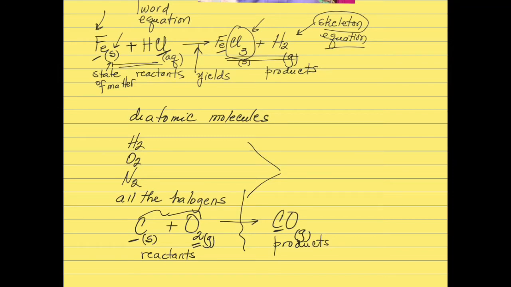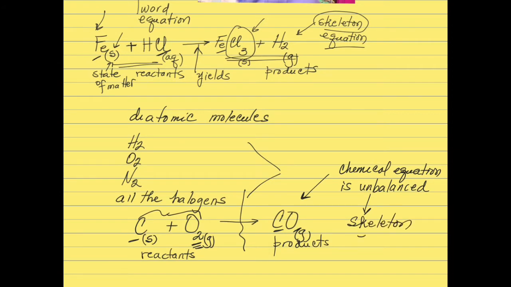So you have one atom of carbon in the reactants, and one atom of carbon in the product. You have 2 of oxygen in the reactants, but only 1 in the products. Meaning that this chemical equation is unbalanced. That's why we call it the skeleton equation.